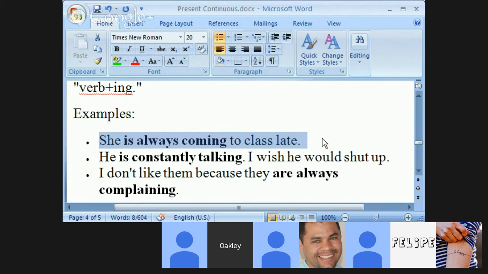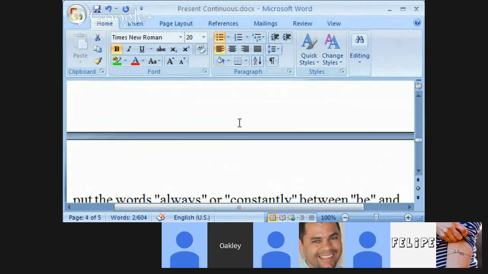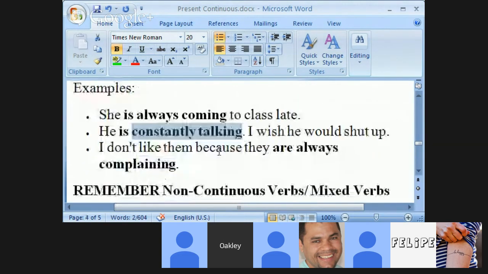He's constantly talking. It would be very normal in spoken English to emphasize or highlight the adverb. Oh my God, he's constantly talking. I wish he would shut up. All right, that's the idea. You're annoyed. I don't like them because they're always complaining. All right, so this is the idea here.